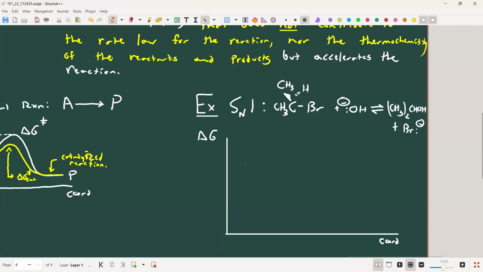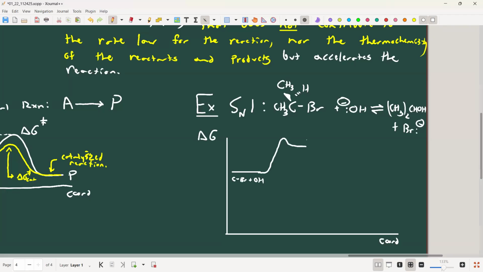Let's say it's downhill, which it should be. So here's our CBr plus OH. I'm just going to write it in shorthand. We have to break that CBr bond. It has some energy. And then we form a stable (CH3)2CH plus, Br minus.